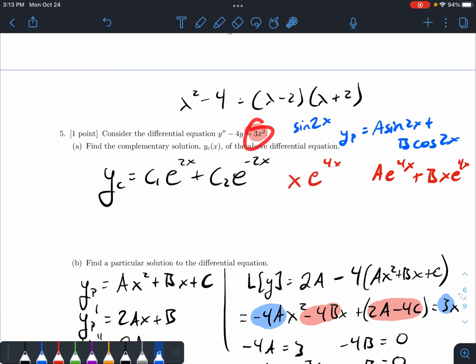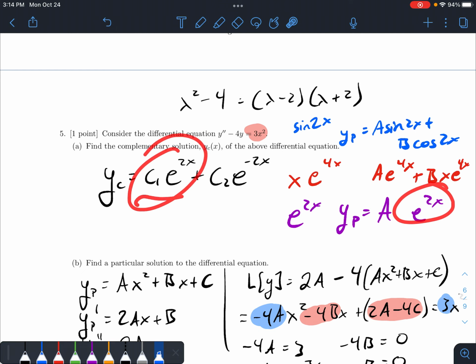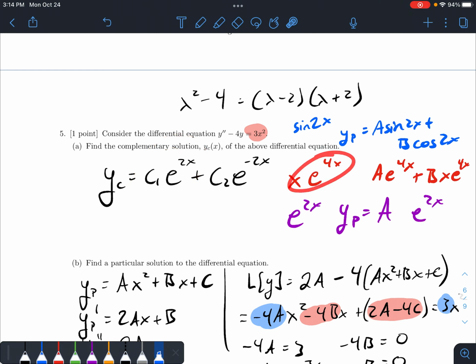And there are a bunch of different cases for what else this could be. And there is also the weird case where, if this were e to the 2x, so if I had e to the 2x here, then our y sub p would not be a e to the 2x, because this e to the 2x thing was already part of our complementary solution.